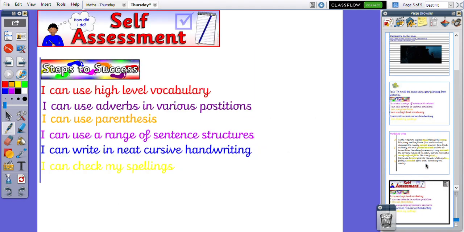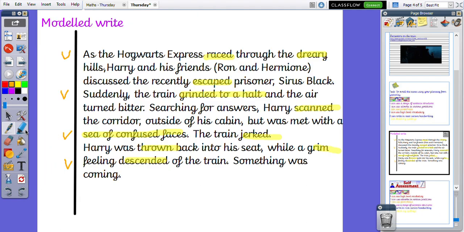Then have I used a range of sentence structures? So here I have got my complex sentence. So here is my subordinate clause. Okay, here is my main clause. Again, here it's a subordinate clause. I've got searching for answers. Outside of his cabin, I've got a fanboy. I've got another fanboy.